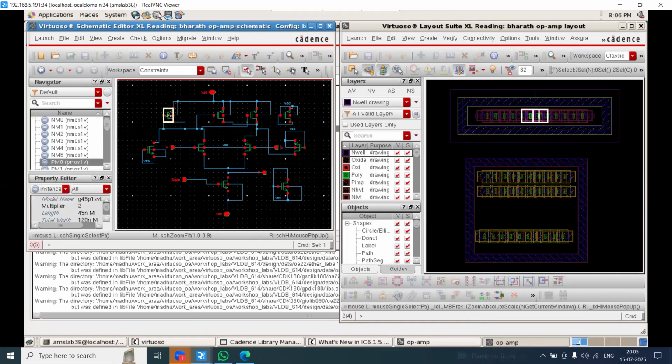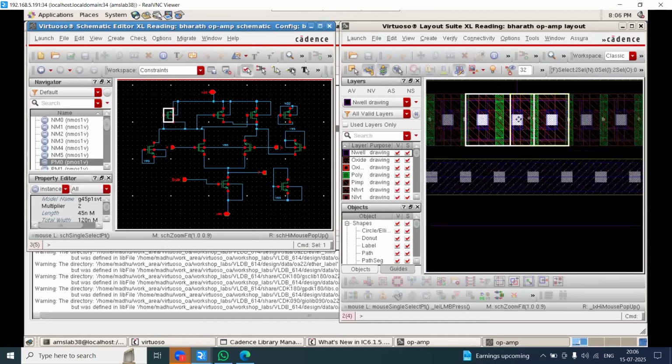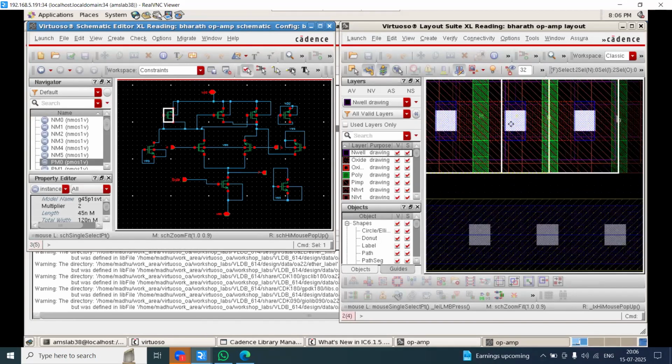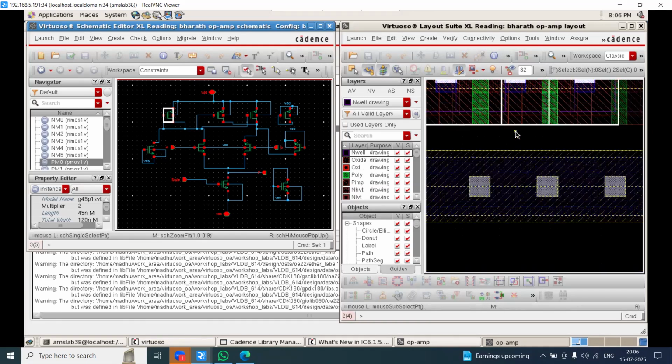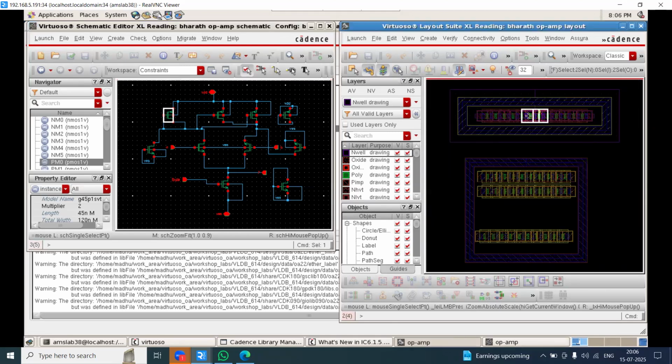You see, here this is a diode connected device, which I have placed in the center. 2 multiplier device, so 2 polys will come. I have shared a common drain. I have taken the inside terminal as common drain.